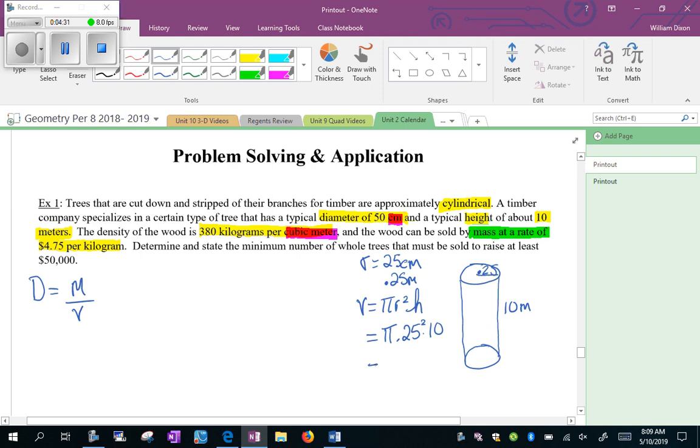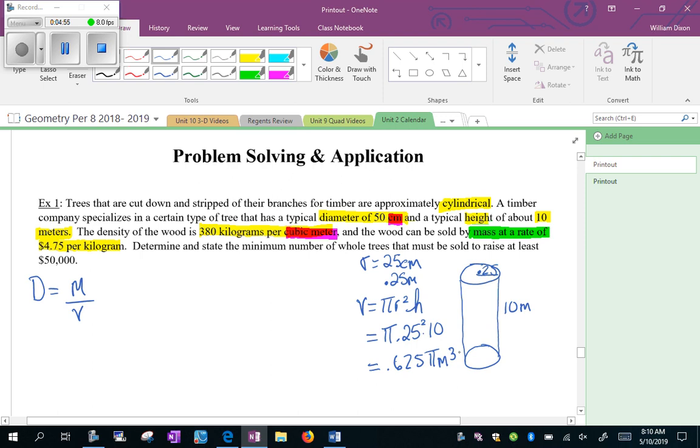If we put that in our calculator, we want to leave our answer in terms of pi, because when we do that until the end, we get a better approximation of our answer. So that's 0.625 pi meters cubed.